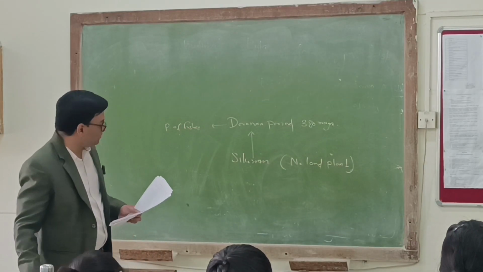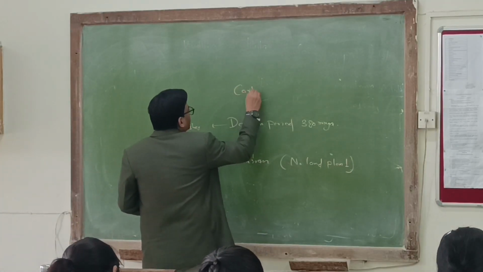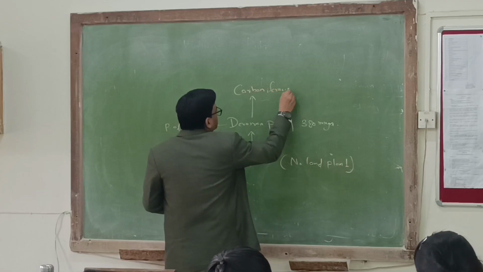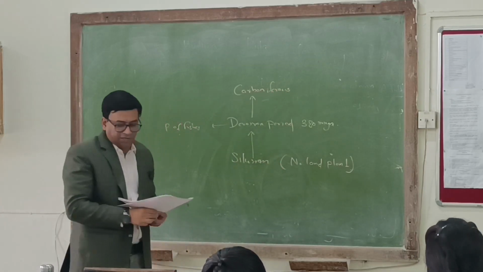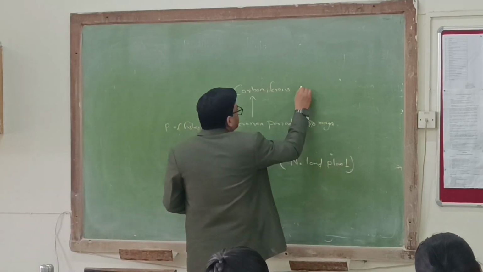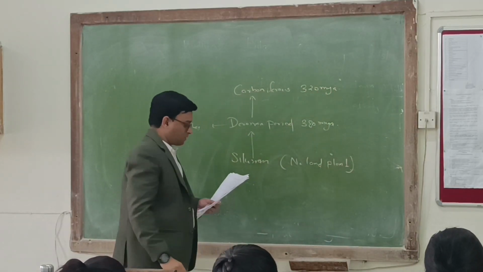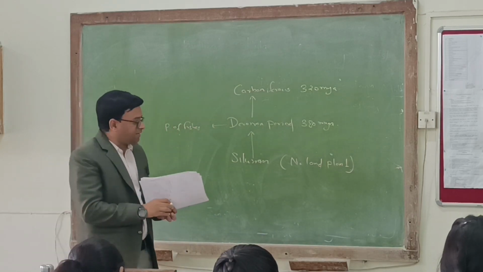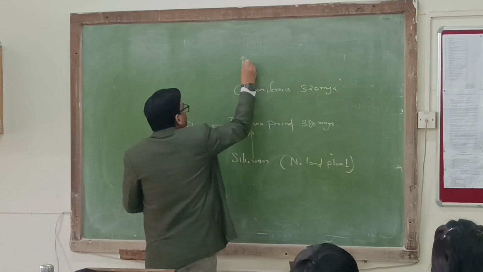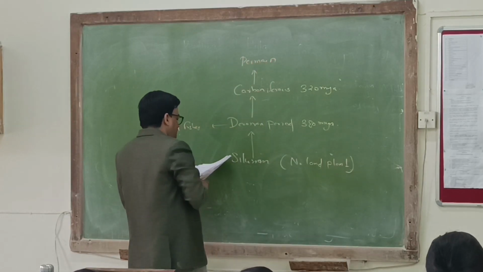And when the Devonian period gave rise to the Carboniferous period, which was near about 320 million years ago. This is 320 million years ago. And the Carboniferous then leads to the Permian, which is 280 million years ago.